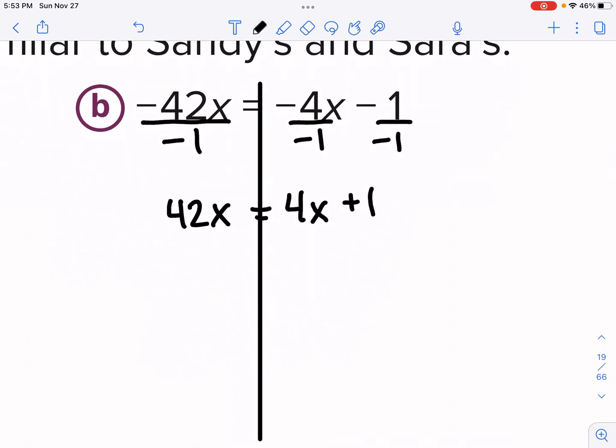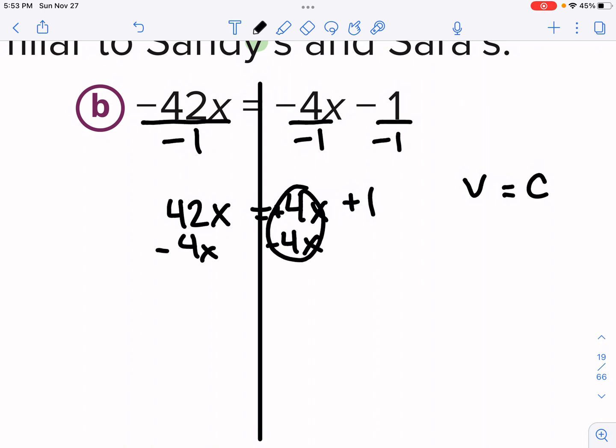So let's move variables onto one side, constants on the other. Now I see that the only constant we have is positive 1. That's on the right side. So why don't we just say constants on the right, variables on the left. Okay, so I see that we have this positive 4x on the right. So let's move it to the left. It's a positive, so I'll subtract 4x from both sides.